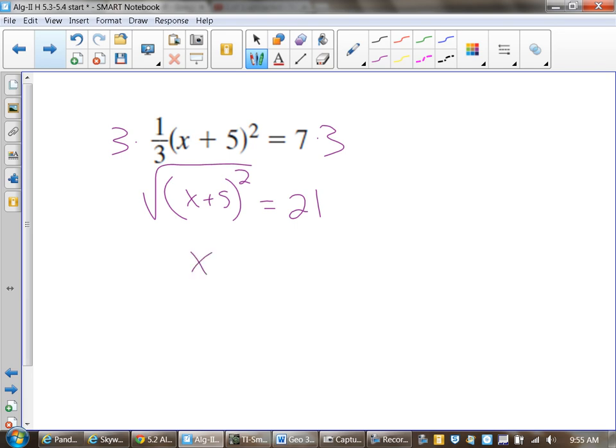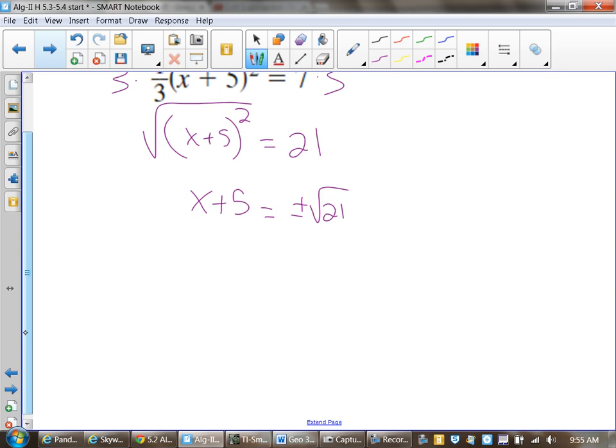Hooray! I took the square root, I didn't square it. Because I undid squaring by taking the square root. Now, can I simplify the square root of 21? No. So my last step now to get x by itself is to do what?